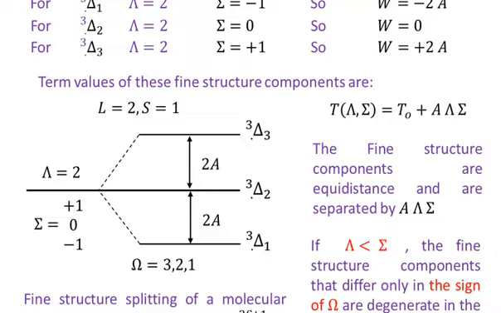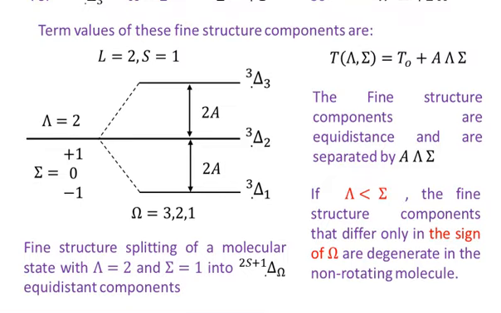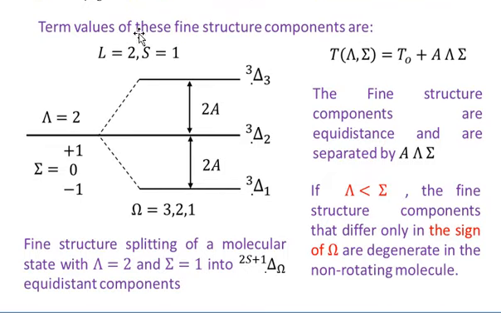The term value of these fine structure components is defined as a function of capital lambda and capital sigma as T naught plus W, and W was equal to A times capital lambda times capital sigma.